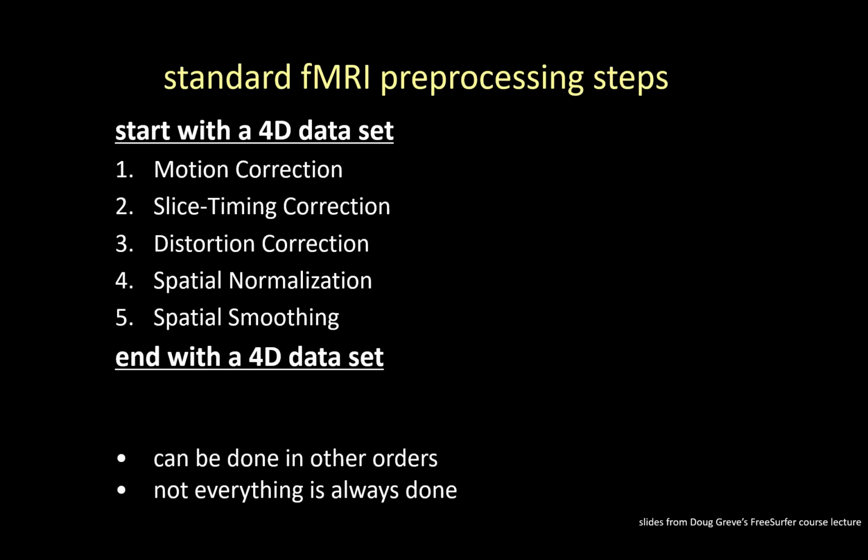Standard fMRI preprocessing steps, I think many of you are aware of these. We start with a four-dimensional data set. We perform perhaps motion correction, slice timing correction, distortion correction, spatial normalization, spatial smoothing, and we end with another 4D data set, as Tyler described this morning. Of course, it can be done in other orders, and not everything is always done.